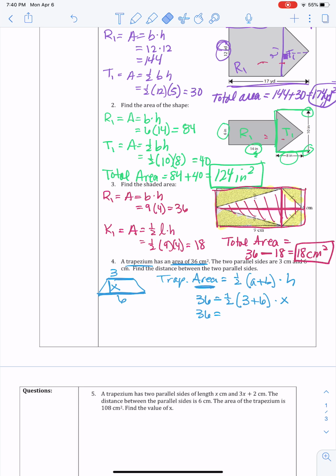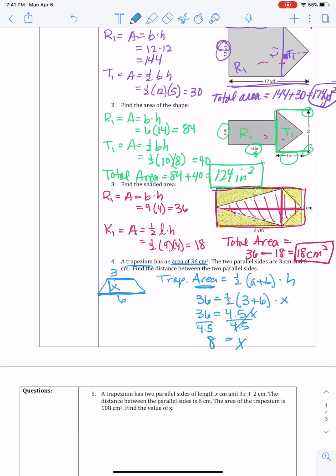So that's 4.5x. And when we divide 36 divided by 4.5, x equals 8.